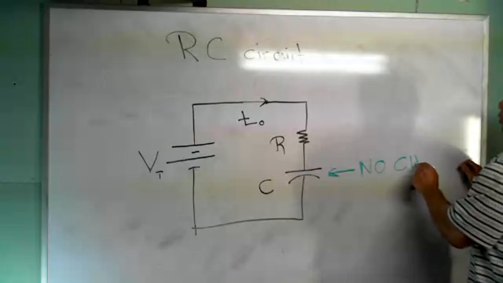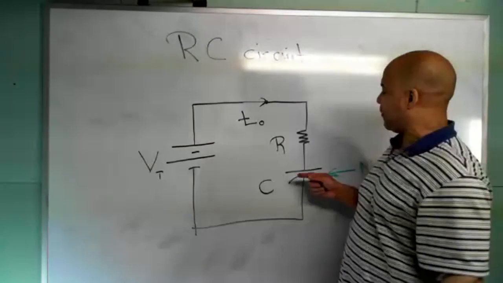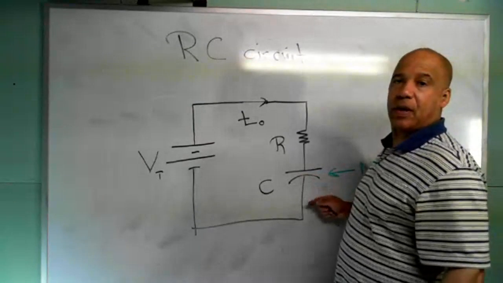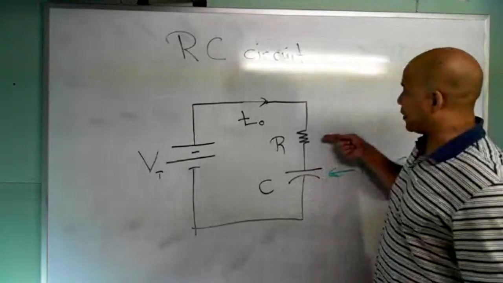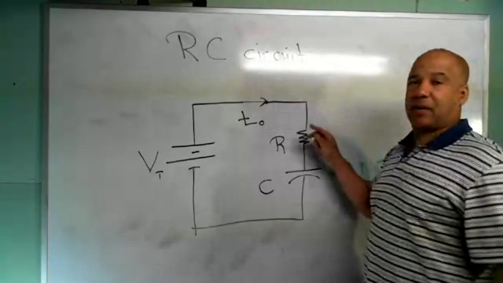The reason there is no charge in the capacitor is because it takes time, T-I-M-E, for that capacitor to charge up. The reason it takes time is because I got a resistor in front of it. The bigger the resistor, the longer it's going to take that capacitor to charge up.